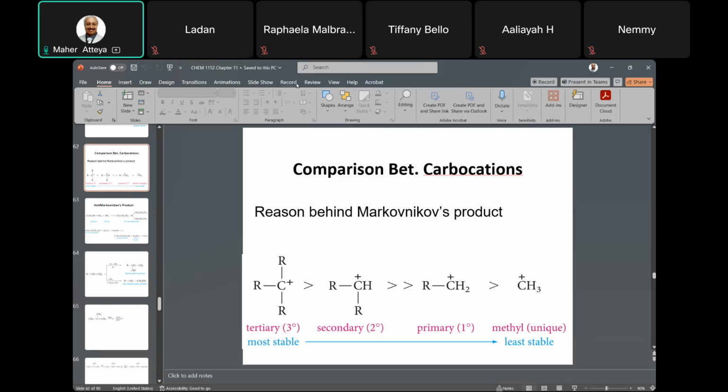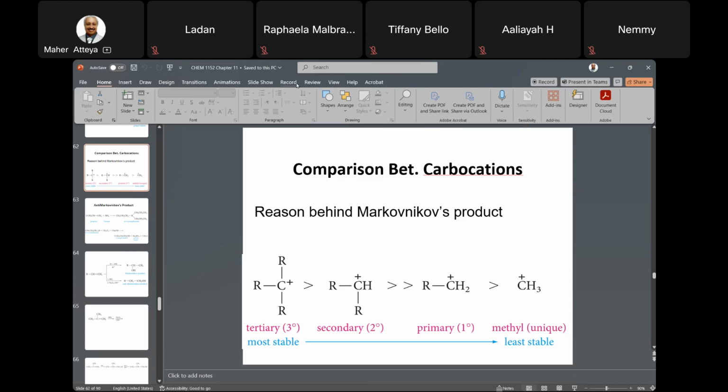By elimination, with the simple knowledge of the rule that tertiary is more stable than secondary, than primary, you can tell what to expect. All those exams and quizzes are open book, though not the final exam. The final exam is not mine. The final exam belongs to the department, and the whole campuses, including downtown, will have the same final exam.